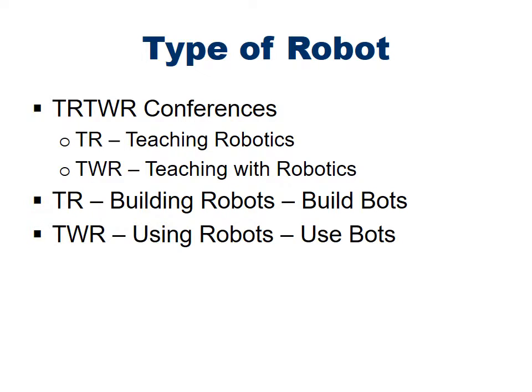For teaching robotics, students build the robots. We'll call those BuildBots. Teaching with robotics, students use the robots. That is, you can take them out of the box and use them as an educational activity immediately. You might need to put batteries in, or you might even need to configure them in some way, but you don't build them.